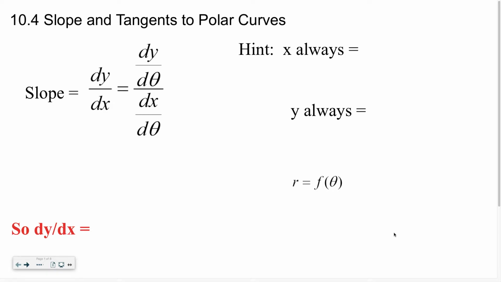All right, so do you agree that a derivative is dy dx? I would assume so. Okay. Well, since we are now talking about polar curves, much like we did with parametric, dy dx can then be broken up further into dy d theta and dx d theta.